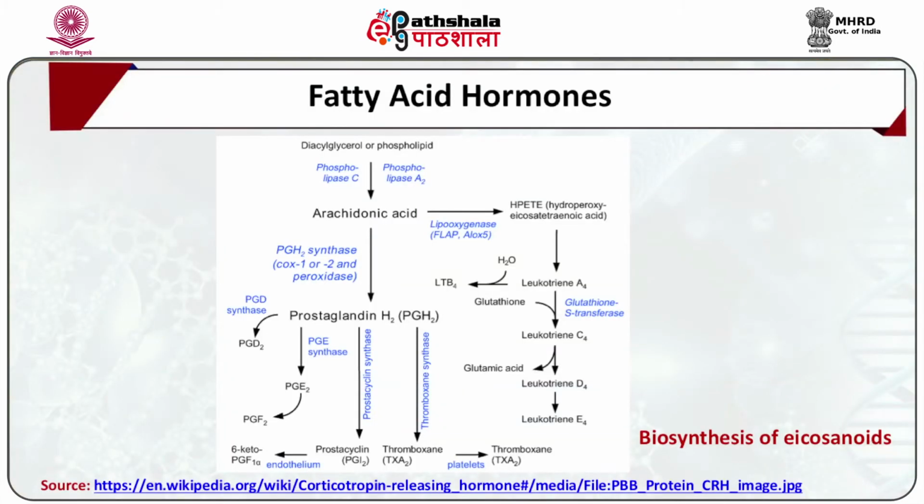Fatty acid hormones are biologically active lipids and paracrine in nature, with a very short half-life of a few seconds. They are released from nearly all cell membranes. It includes the principal hormone groups: prostaglandins, prostacyclins, thromboxanes, and leukotrienes.